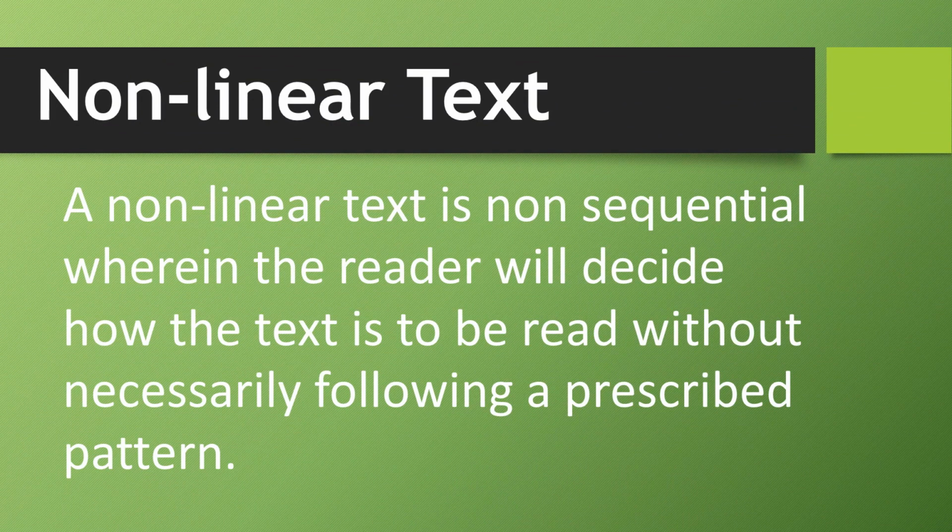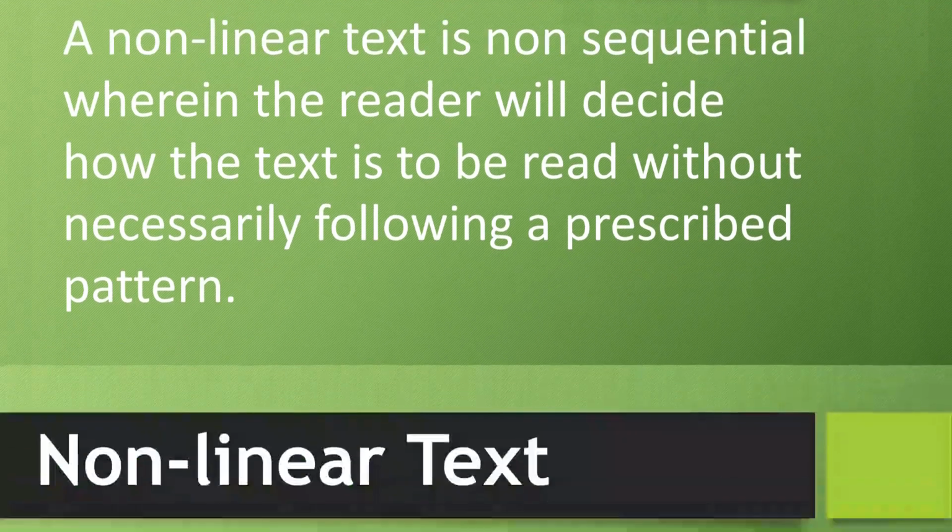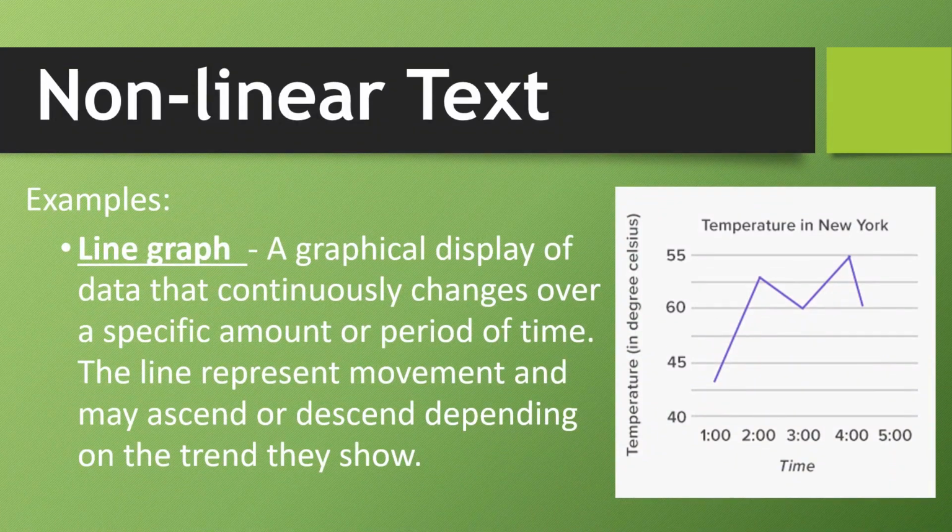How about nonlinear text? A nonlinear text is non-sequential, wherein the reader will decide how the text is to be read without necessarily following a prescribed pattern. What are examples of nonlinear text?